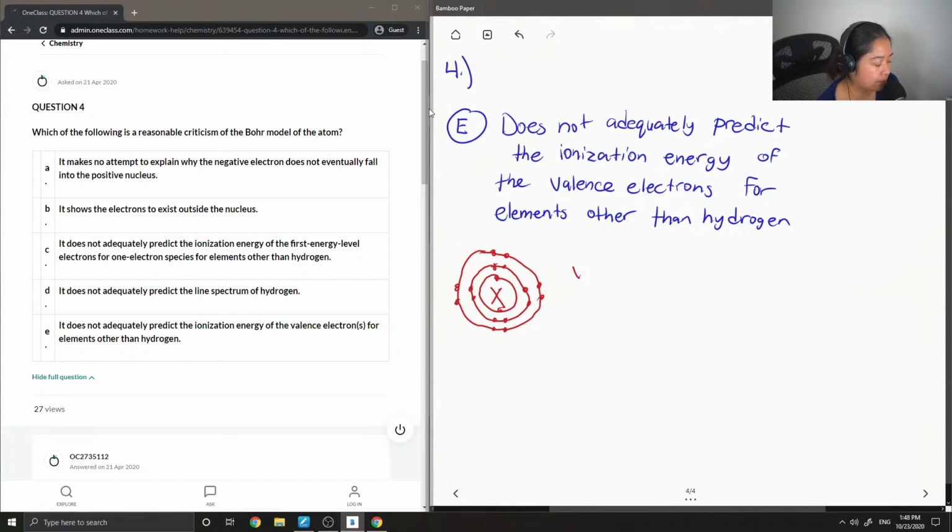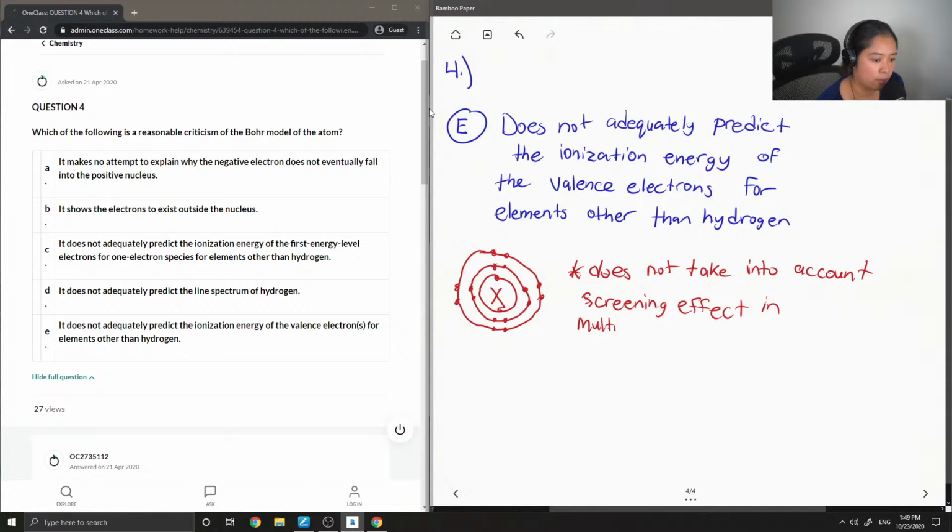The Bohr model does not take into account the screening effect in multi-electron species.